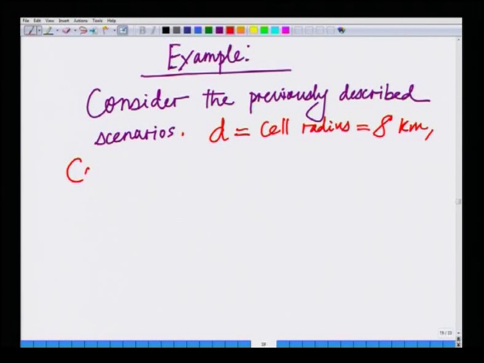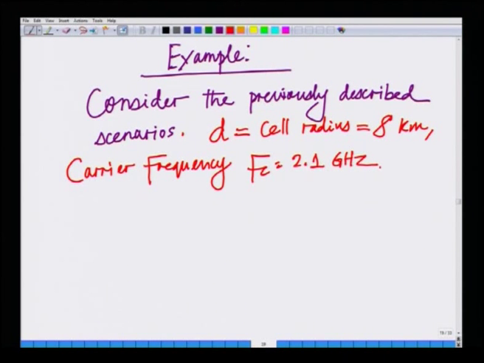We consider the carrier frequency FC equals 2.1 gigahertz. We consider transmit antenna height equals 40 meters and the receive antenna height equals 2 meters. This is similar to what we considered in the Okumura model. FC is the carrier frequency, D is the distance, HT equals the transmit antenna height, HRE equals the receive antenna height.